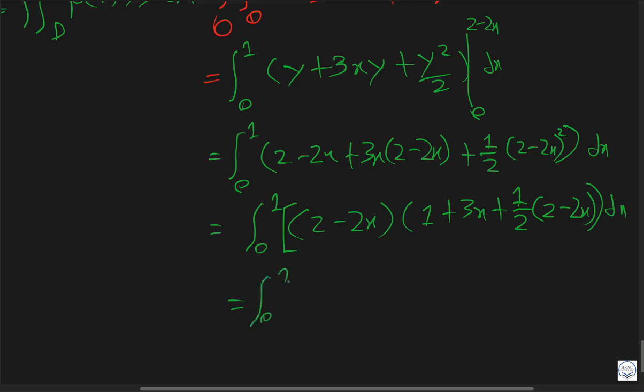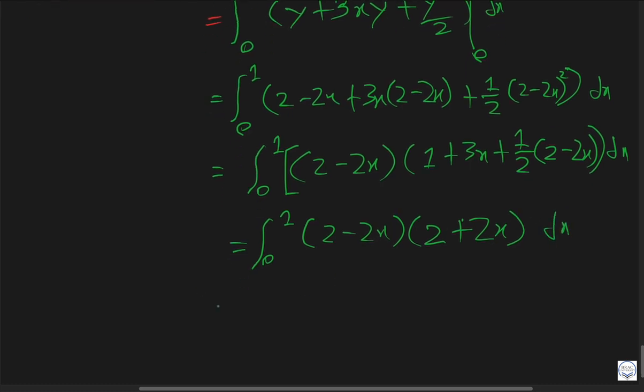Now we can simplify the right part a little bit. Half times 2 is just 1, so we've got 2 plus 3x minus x. A half times minus twice x is minus x, so we get 3x minus x, which is plus twice x dx.